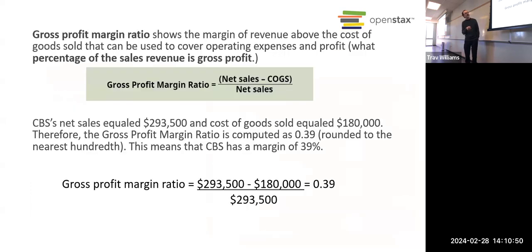If we take that number, remember gross margin is sales minus cost of goods sold, right? So if we take that gross margin and we divide it by our net sales, that gives us our gross profit margin ratio. So what that's saying is of our net sales, what percentage of that is our gross profit?